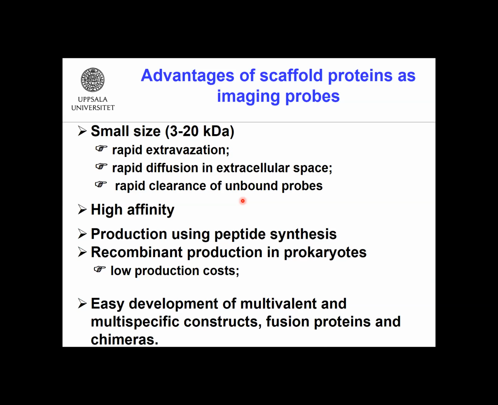They diffuse rapidly in extracellular space, so they have a good chance to find the antigen and bind it. And in the end, what is unbound clears from the blood flow and reduces background.